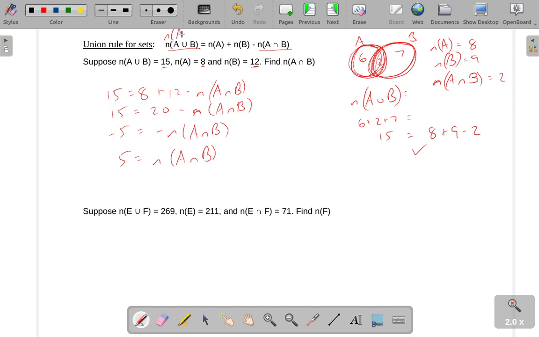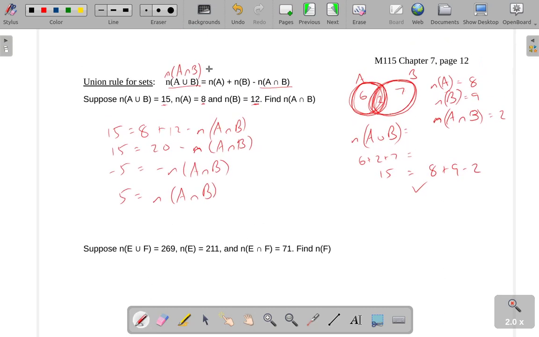We could say the size of the intersection is equal to the size of the first plus the size of the second set minus the size of the union. So the union rule could be stated in either of these two ways, and both are just as valid because it's just an algebraic manipulation to get from one to the other. If you start with this, add the size of the intersection to both sides and subtract the size of the union, you end up with this one.